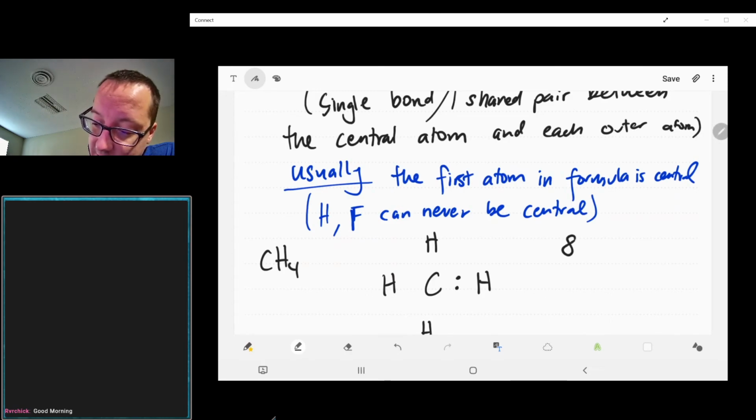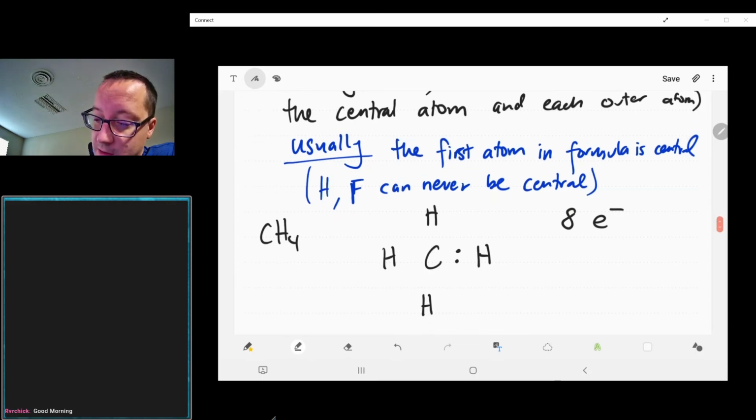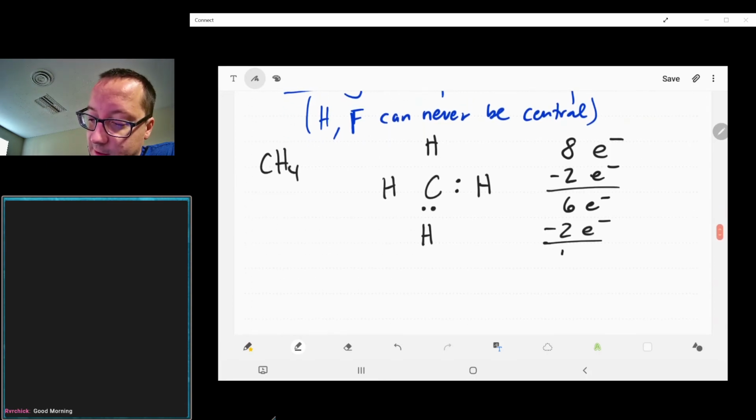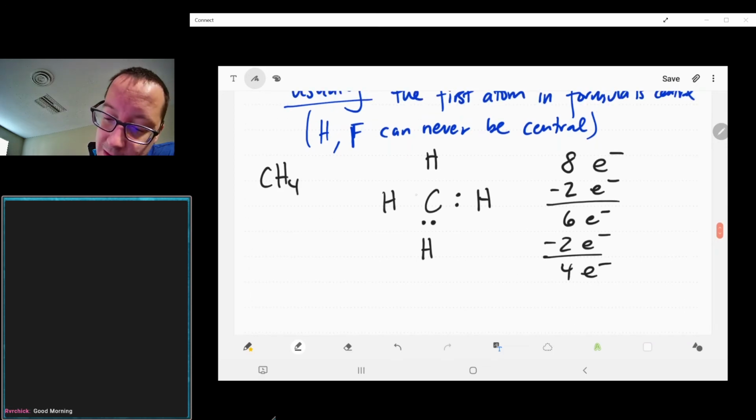Notice we had 8 electrons to start. By making this single bond, we have used up 2 electrons. We have 6 left. So if we're going to keep making our single bonds here, we're going to keep using 2 electrons at a time. Hopefully it's okay if I just do these last 4 all together.